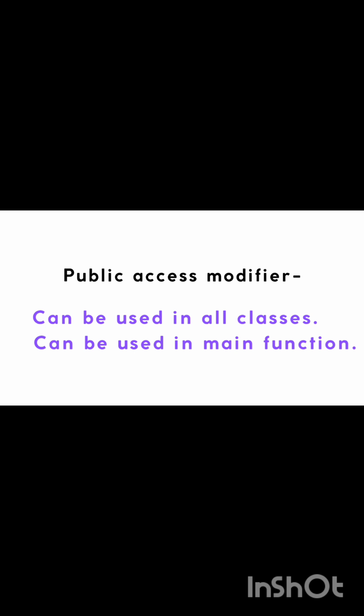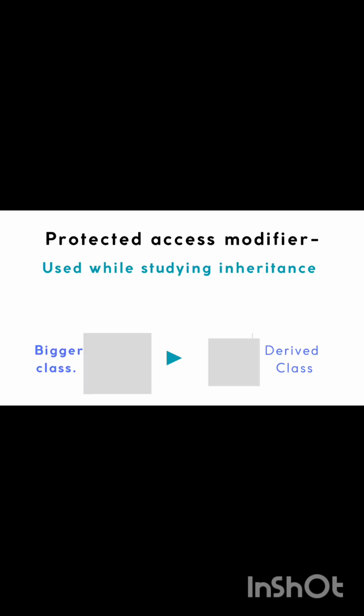The third access modifier is protected. The protected access modifier will be used when we study inheritance. Here we have a bigger class and a derived class. All the properties of the bigger class are passed on to the smaller or derived class.